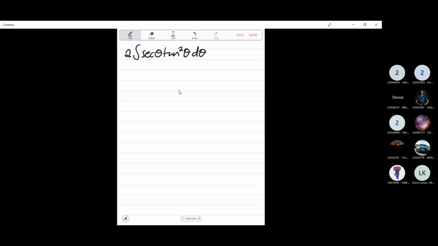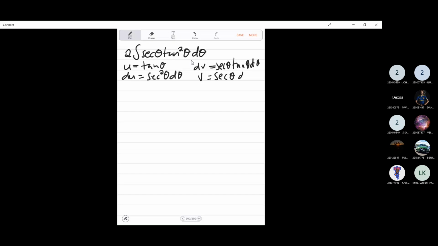And here we must just use integration by parts. We've integrated this several times already. So let u equal tan theta. du is sec squared theta d theta. dv is sec theta tan theta d theta, and v is sec theta.